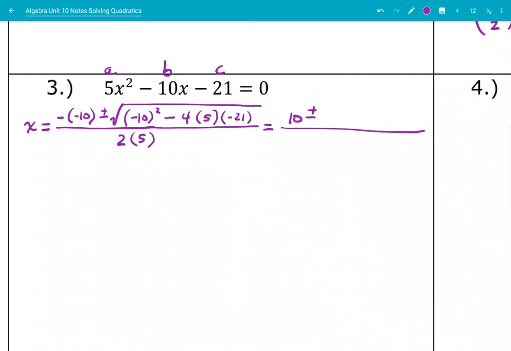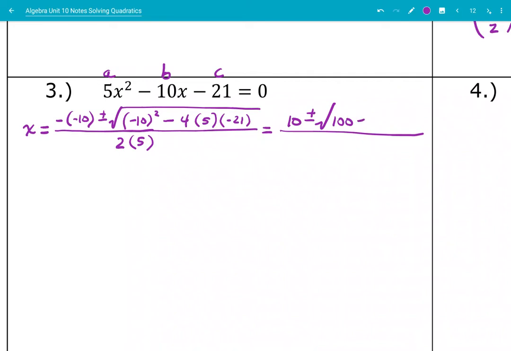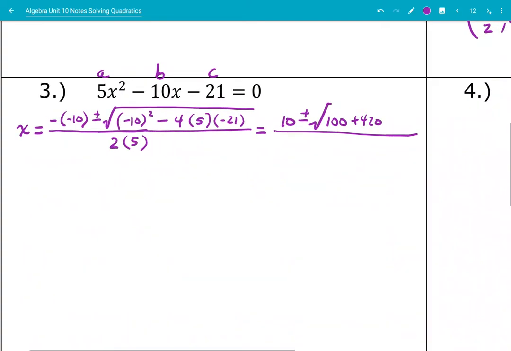So we can simplify that. What can we do under the radical? Well, minus 10 squared, that's 100. Positive 100, because a negative times a negative is positive. And then let's see, minus 4 times 5 is a negative 20, and a negative 20 times a negative 21 is, let me use my calculator, 420. It's a positive 420. And all of that is over 10, 2 times 5.